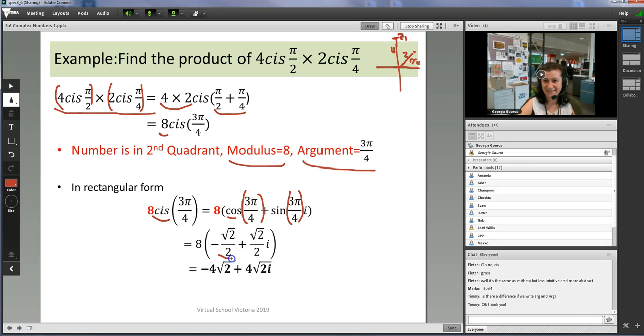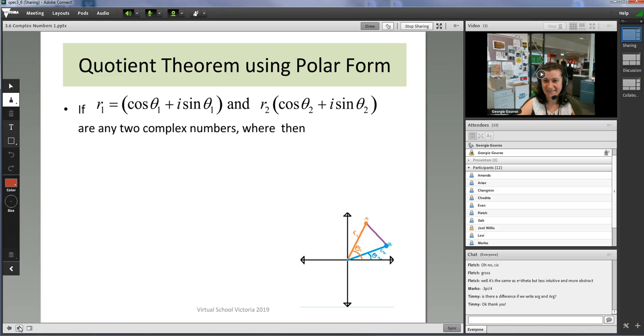Cosine is negative in the second quadrant, sine is positive, and then we can simplify this expression. We've turned the polar form back into the rectangular form. We can go either way because they're all just related around that origin. Again, this is a bit of a typo here. That should be Z1 equals R1 and Z2.